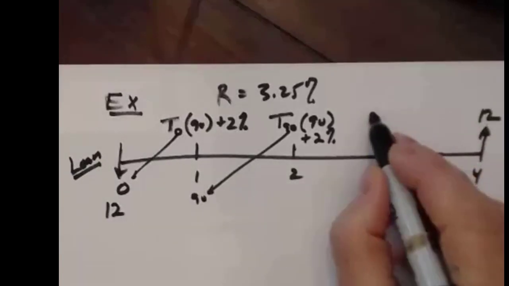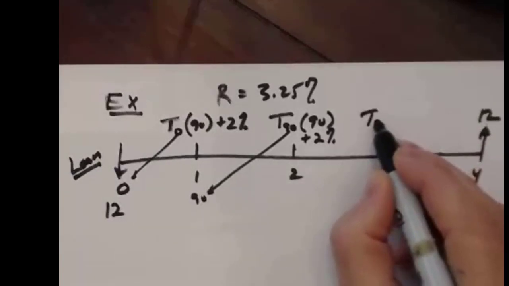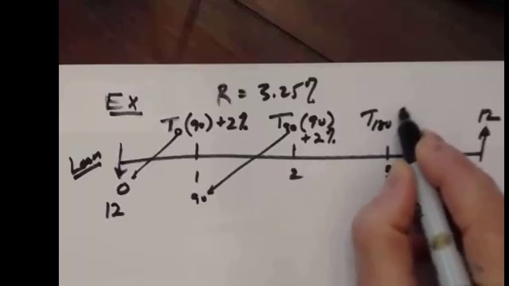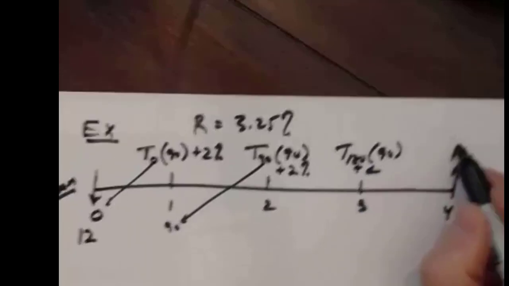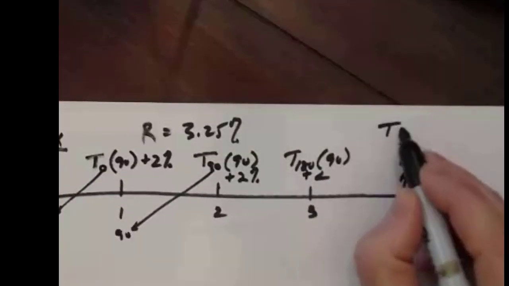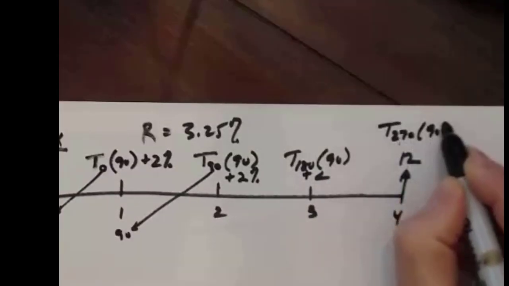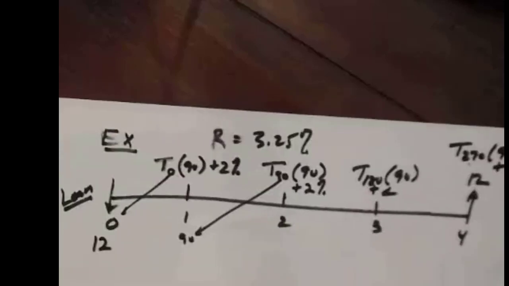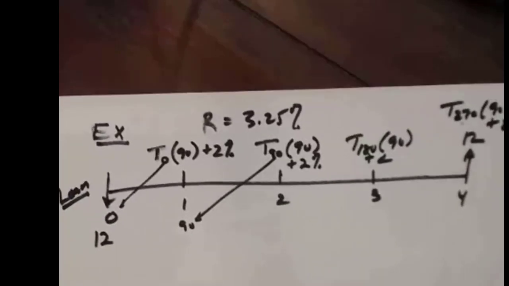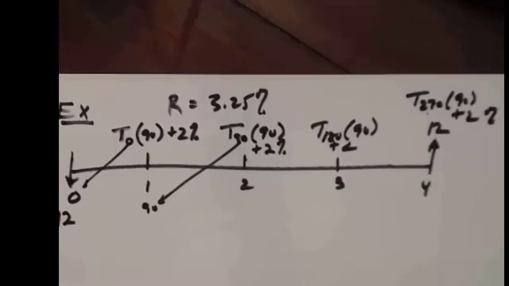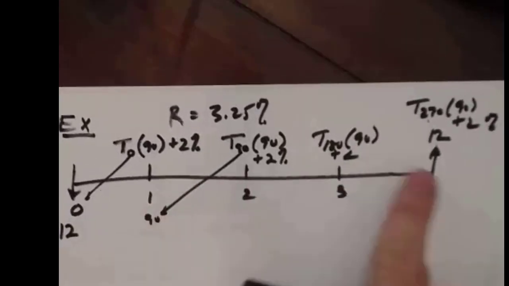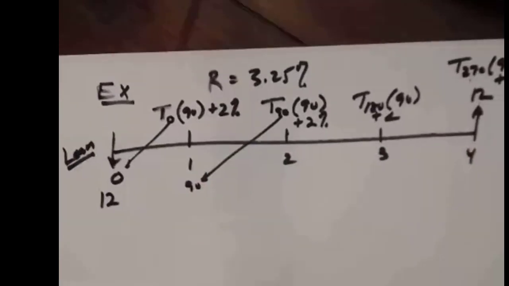And then this rate here will be T90 for a 90-day period plus 2%, and the payment here will be T180 for 90 days plus 2%, and T270 for 90 days plus 2%. Okay, so we just mapped out the cash flows as best we could because we don't know exactly what the numbers will amount to be, but we can put them down symbolically.